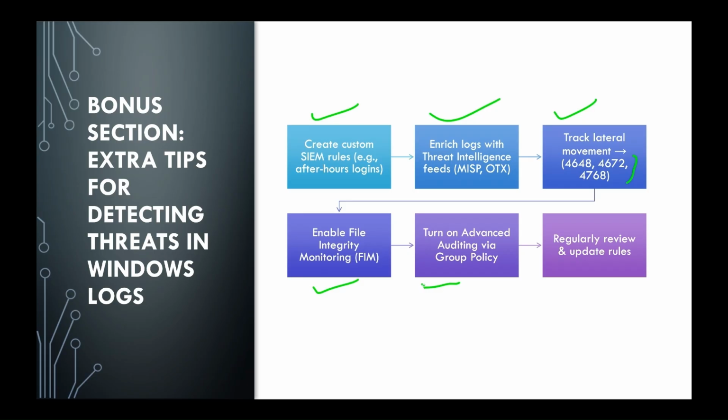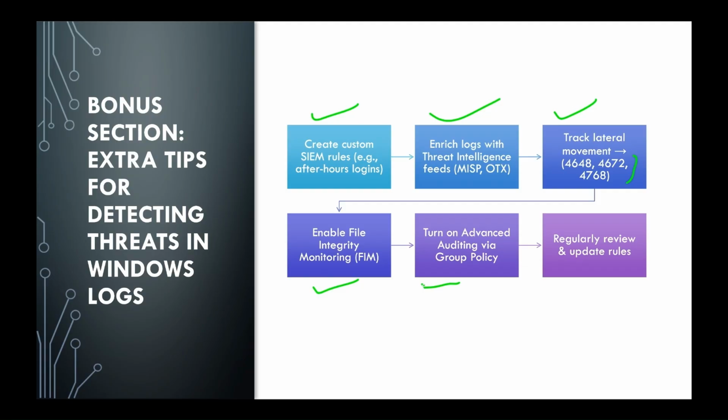Number five, regularly review and update your detection rules. Just like any other security measure, your detection rules need to be re-evaluated regularly. As attackers evolve their techniques, you must ensure your detection strategies stay one step ahead.